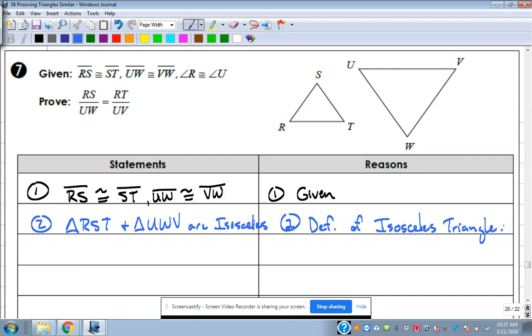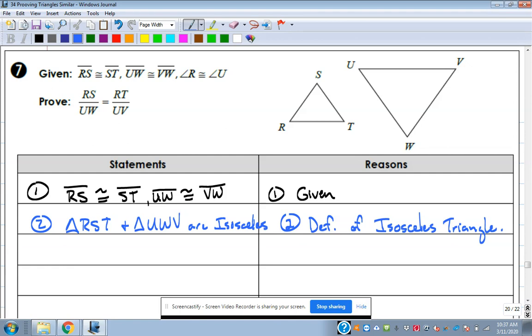What makes a triangle isosceles? At least two congruent sides. The statements they gave us at the beginning, RS is this side here, and ST is this side over here. So that's two congruent sides, which means that's an isosceles triangle. It may be equilateral, we don't know, but it doesn't matter. Same thing with the next statement, UW and VW are congruent to one another, so that triangle is also isosceles.